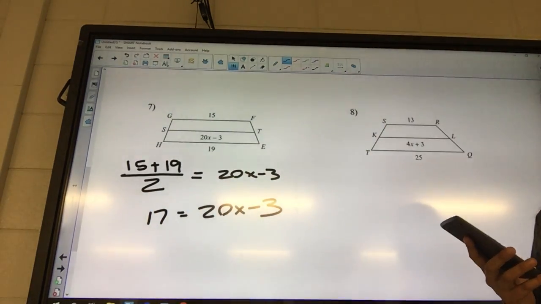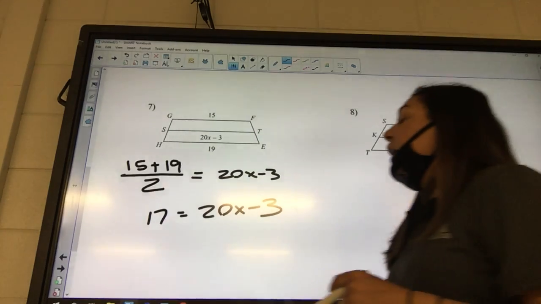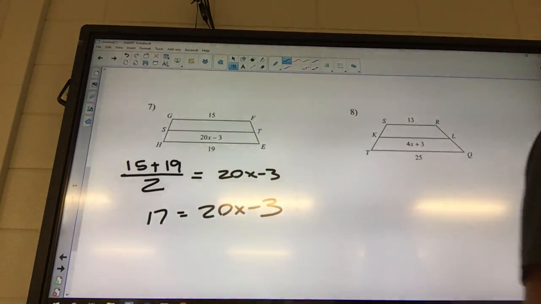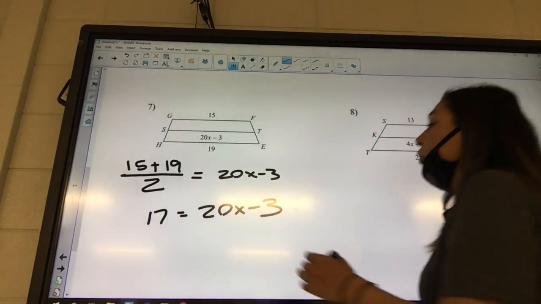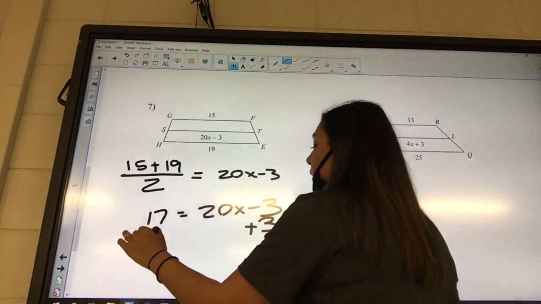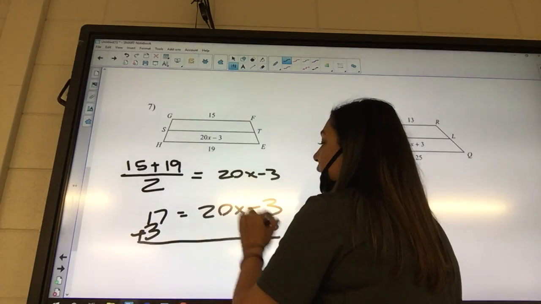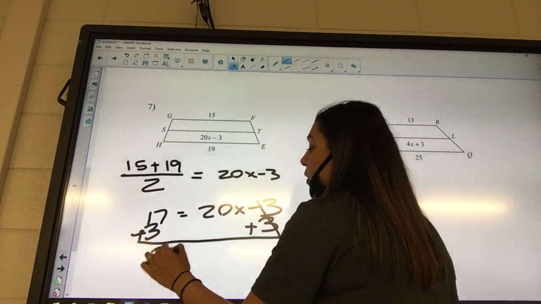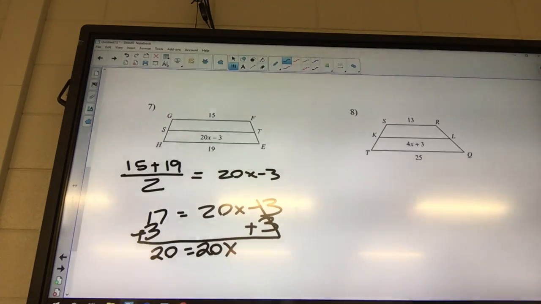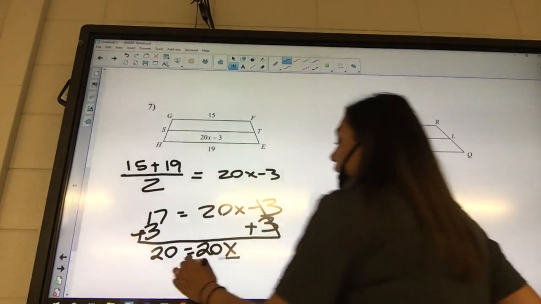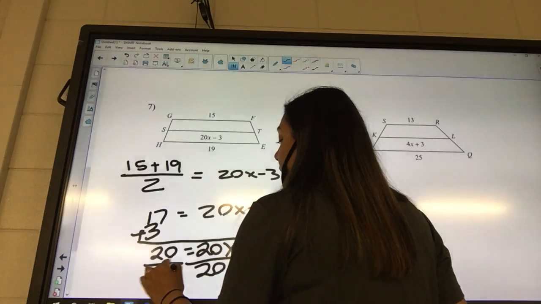I need to move this minus 3 over and make it a plus 3. So 17 plus 3 is 20 equals 20x. Then divide by 20, and x equals 1.